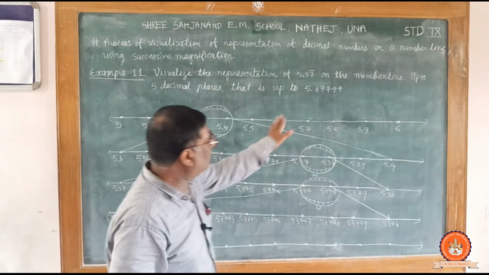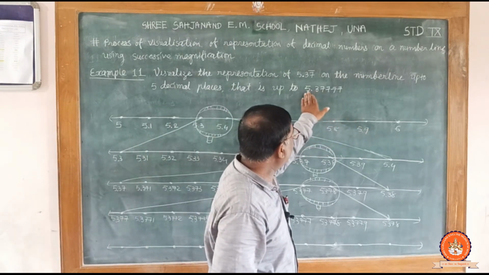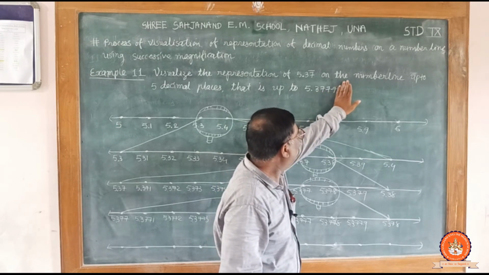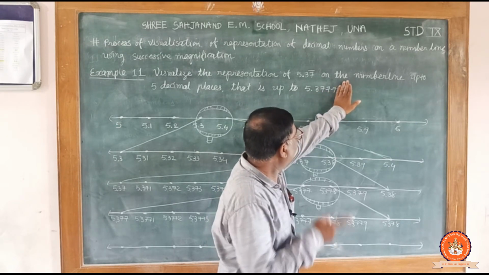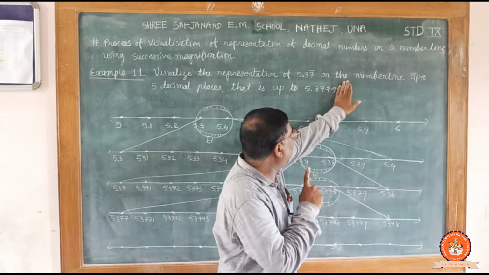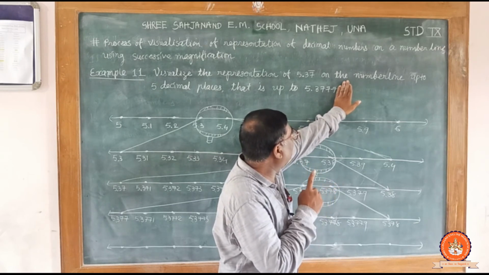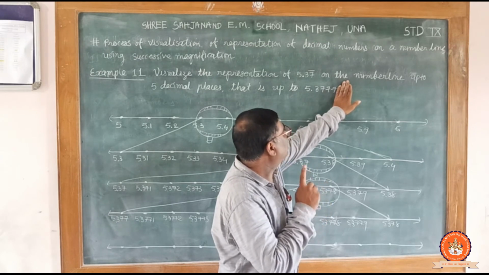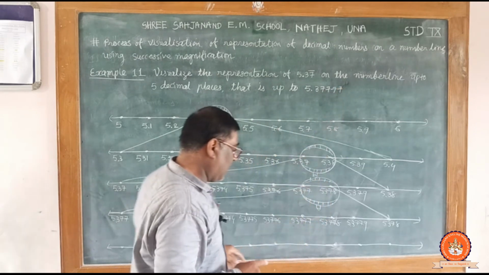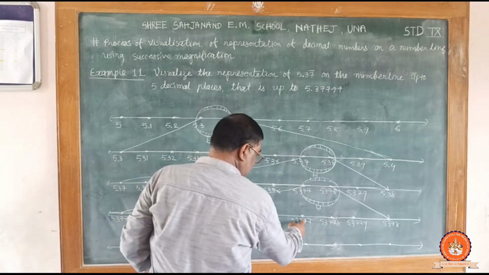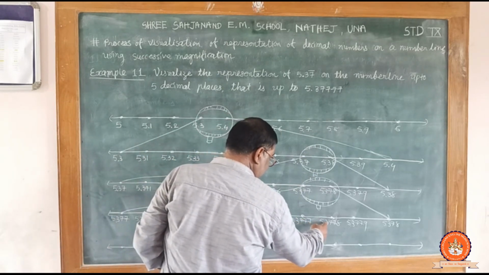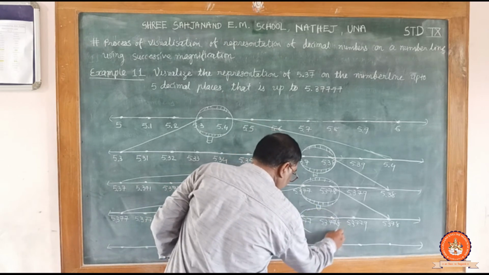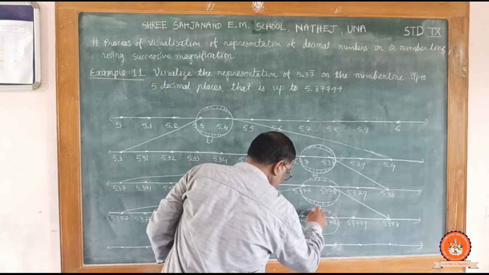Now all the 5 digits, 5.37777, will lie, look at it, between 5.3777 and 5.3778. So we have to again magnify this portion only.